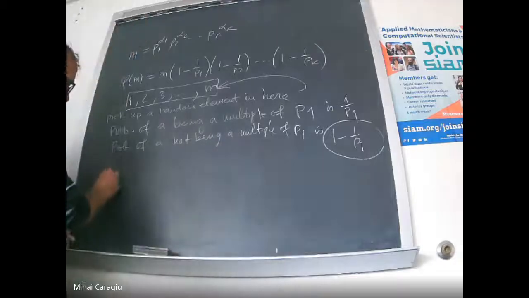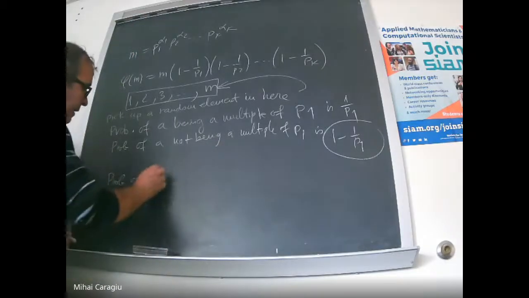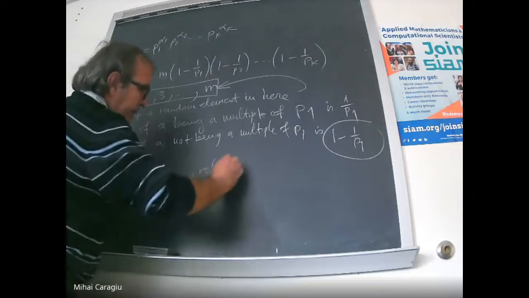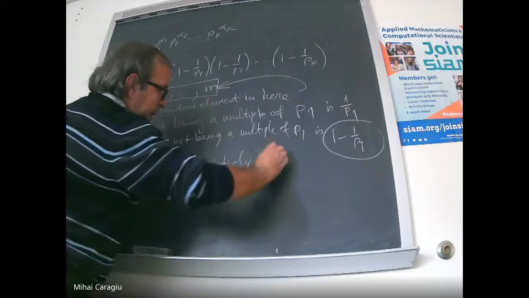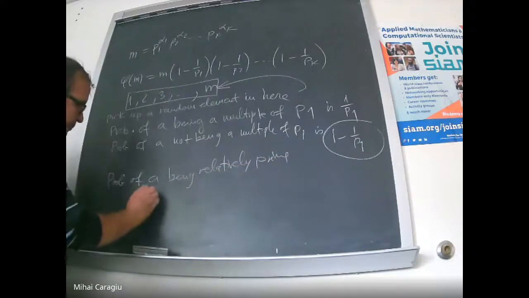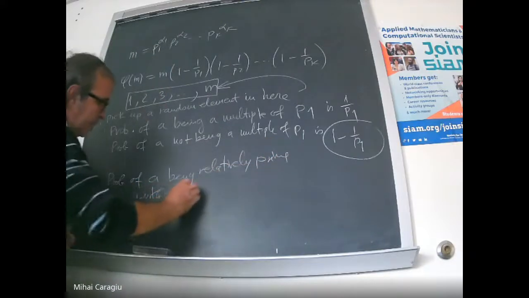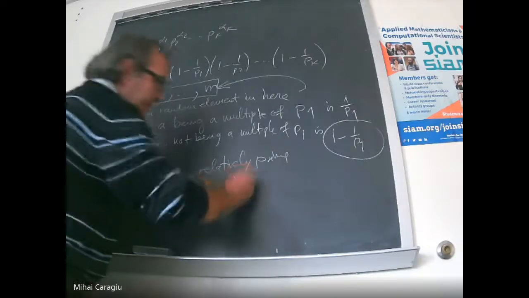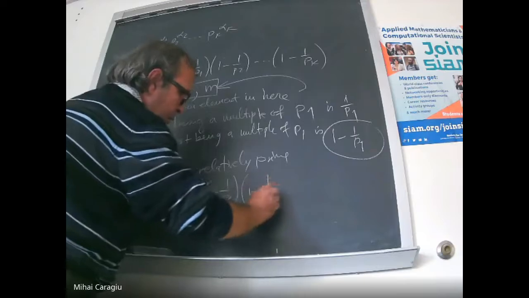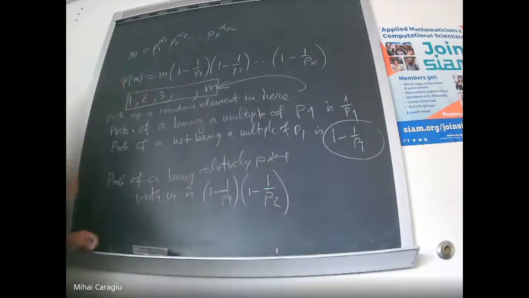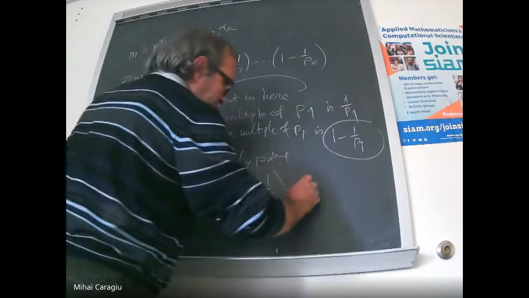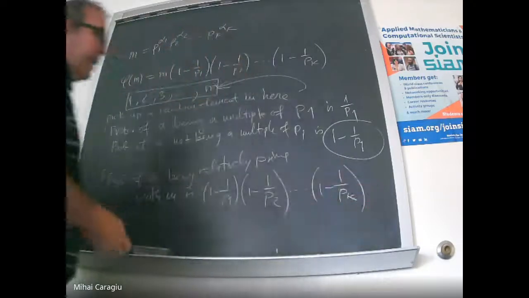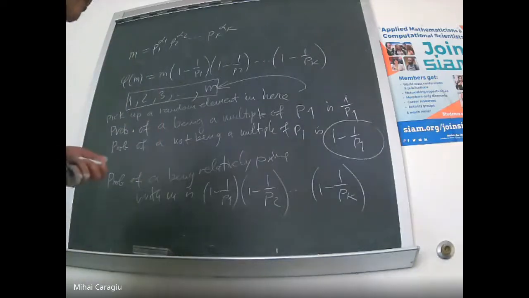So the probability of A being relatively prime with M is 1 minus 1 over P1, not a multiple of P1, times 1 minus 1 over P2, not a multiple of P2, and all the way through 1 minus 1 over Pk, lastly not a multiple of Pk.